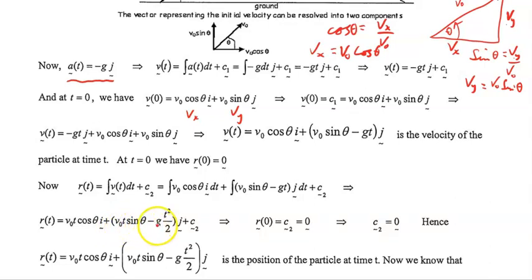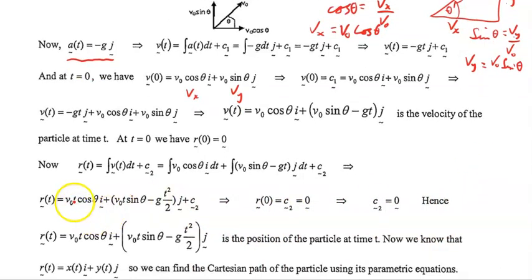Then minus g t squared on 2 in the j direction plus some constant vector. At t equals 0, all of that disappears because there's a t in every term, so C2 must be equal to 0. We were told too that the position vector at t equals 0 is also 0, so C2 must be 0.